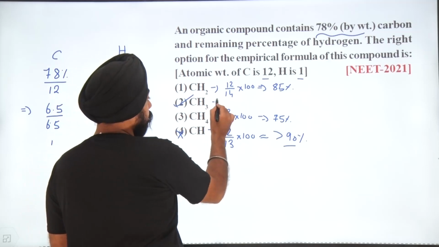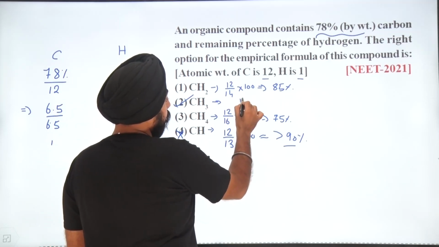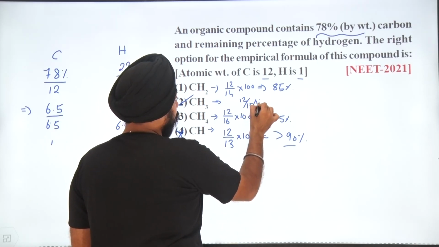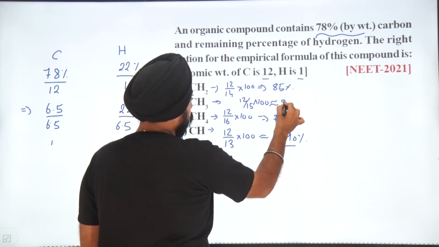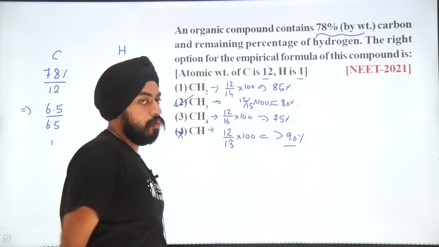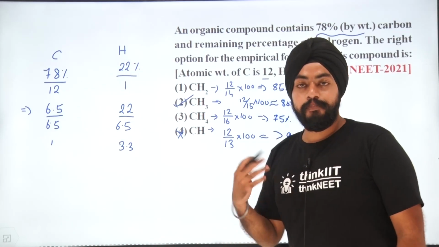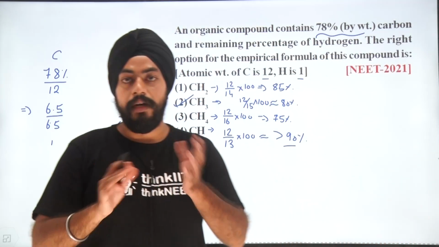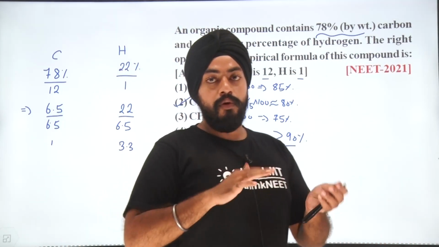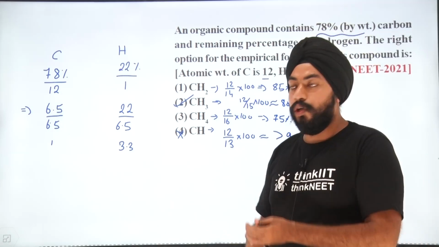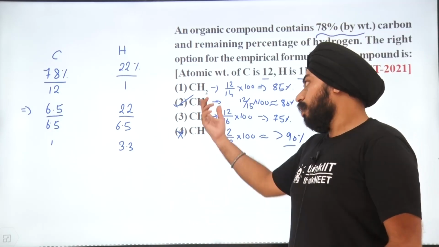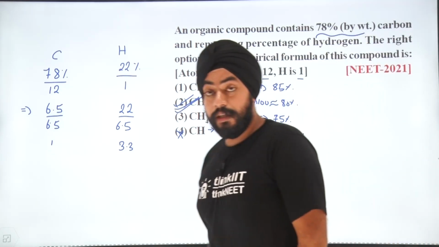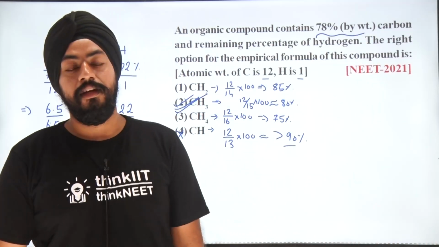But when you do CH3, the percentage of carbon will be 12 divided by 12 plus 3, which is 15, into 100. It will give an approximate value of 80%, which is closest to 78%. So by the basic rule of choosing the closest matching value, it will be option number 2. So the correct answer, the empirical formula for this compound, will be CH3, and I hope you understood it.